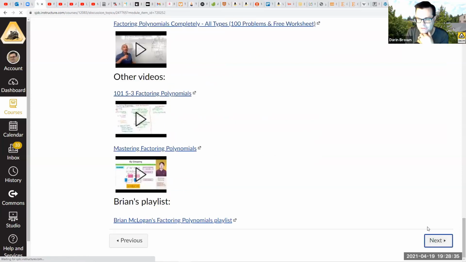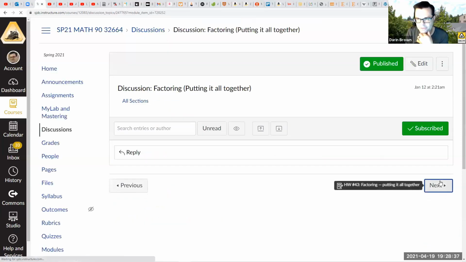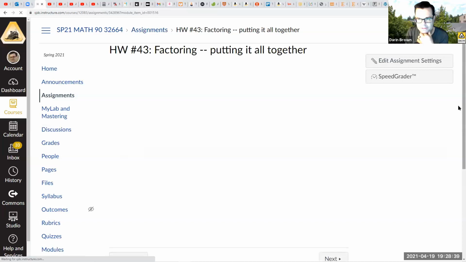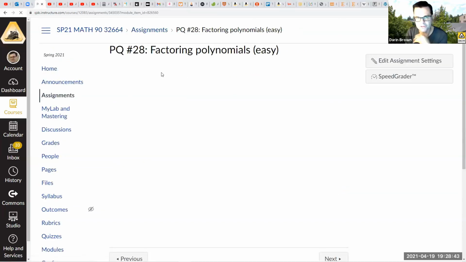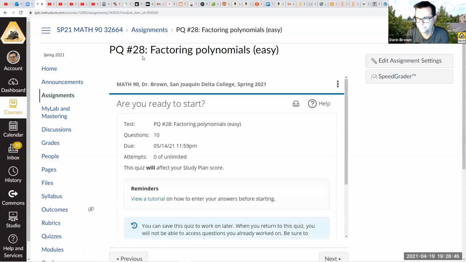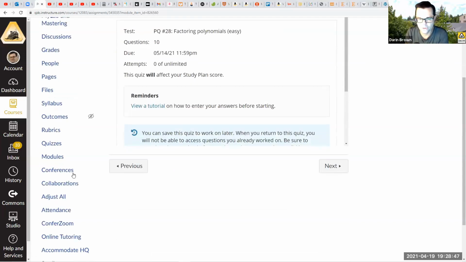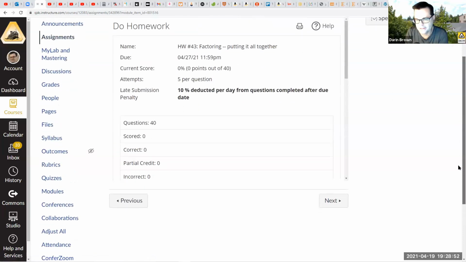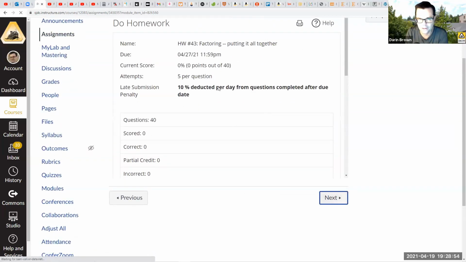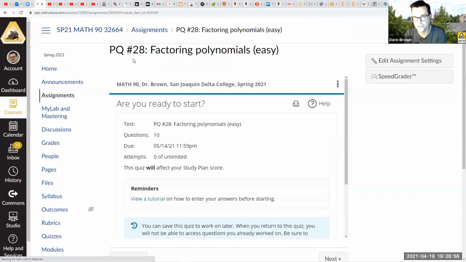These are practice quizzes. These are not part of the grade, but they're very helpful. Okay, so this is PQ28. Before this was homework 43, which is an assignment that you do get scored for the grade. But then I have 3 practice quizzes: 28, 29, 30.